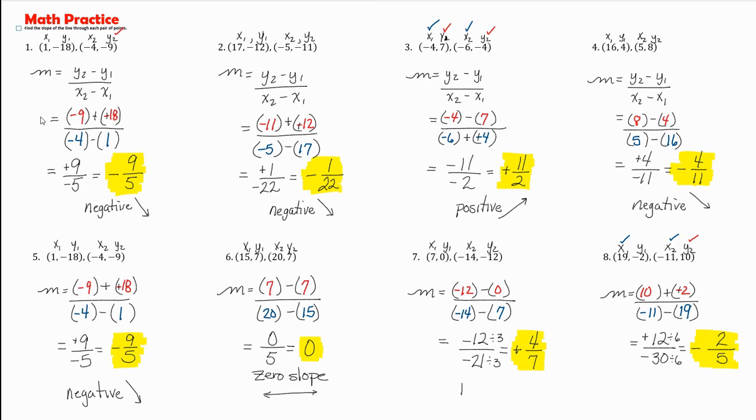Now in problem number 7, this is a positive slope, so it's going to go in an upward direction. And last but not least, we have a negative slope because we have a negative 2/5, and that line on the graph is going to go in a downward direction.